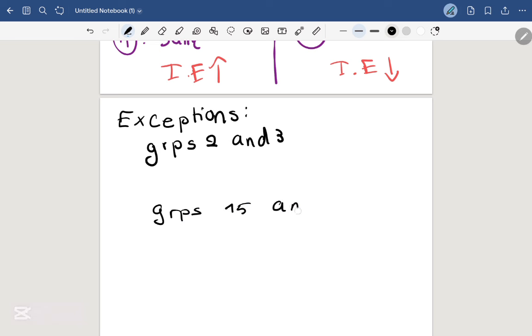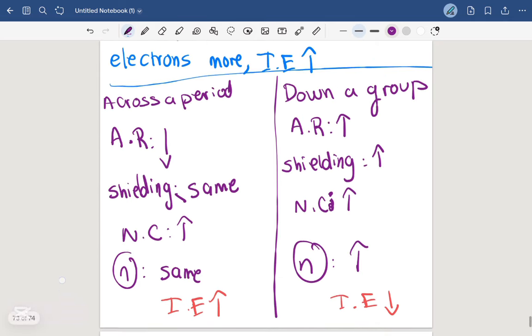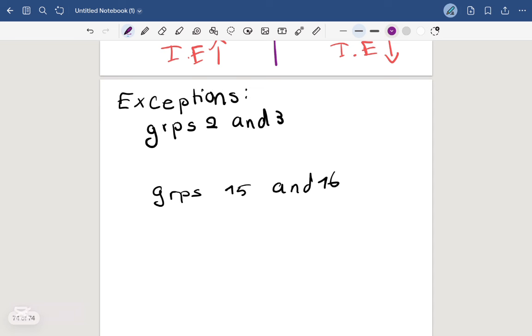So what do we know? We know that the exception is if we move across a period from group 2 to group 3. Groups 2 and 3 in this scenario are magnesium and aluminum. And groups 15 and 16 are, for example, phosphorus and sulfur.